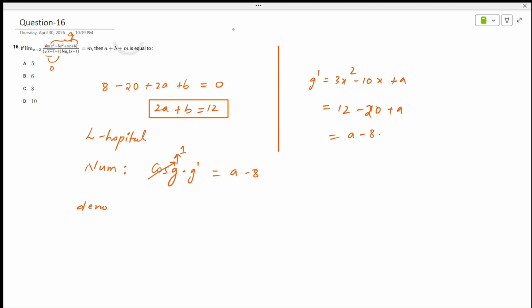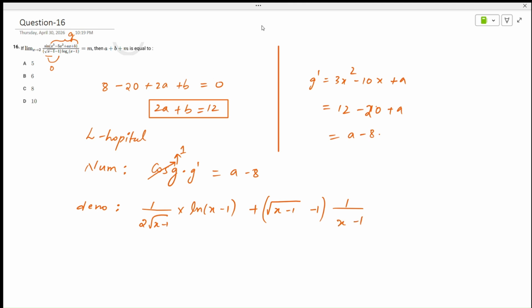And in the denominator, we'll use the UV method. So first 1 by 2 root x minus 1 for the first term into ln x minus 1 plus, we'll write the same thing here, root x minus 1 minus 1 into ln x minus 1 becomes 1 by x minus 1.